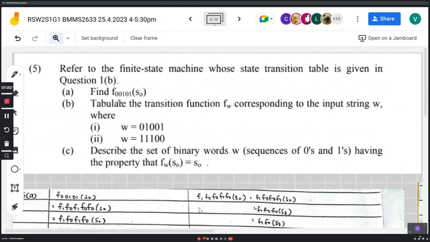We do from left to right when you read the string from left to right. Okay? So when you write in the function format, you will do from right to left, meaning here it should be 0, 0, 1, 0, 1 like this.